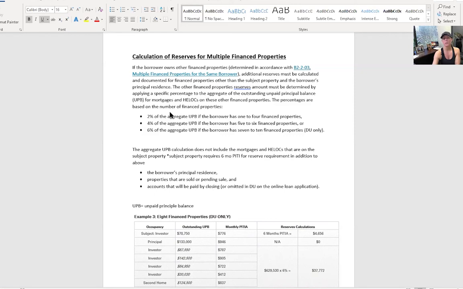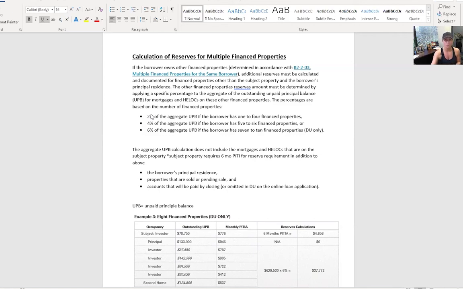What we need to do is take properties 2 and 3, 100,000 each. Remember, we're going to add those together. That's 200,000 times 2% of the unpaid principal balance. Okay, I can't do mental math, but I think I can figure this one out. 2% on 200,000, there's $4,000 of reserves that we need to show in that example.